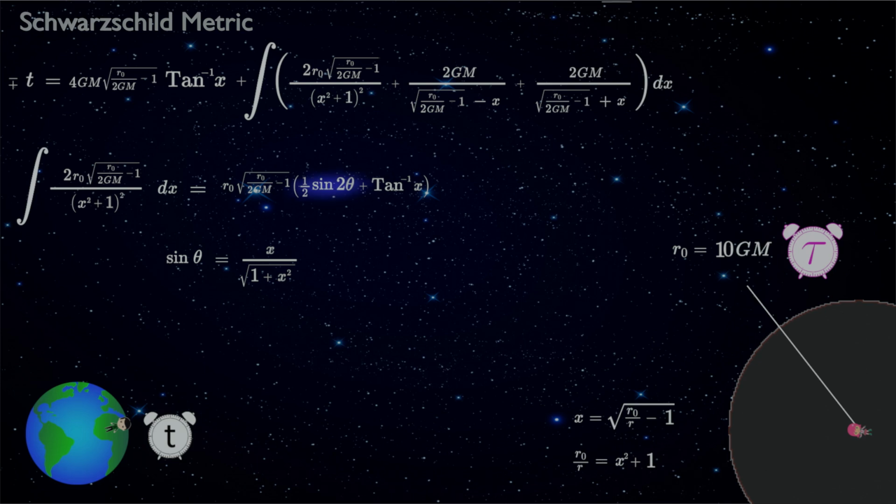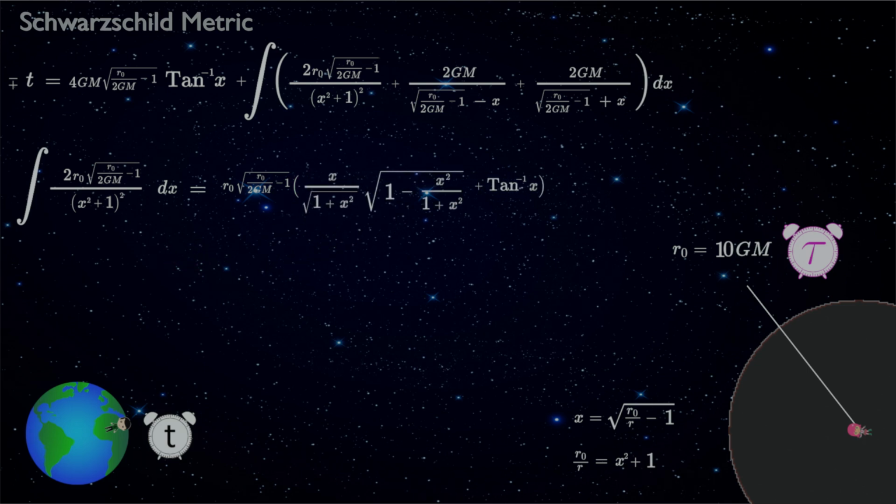Now let's write sine 2 theta as 2 sine theta cos theta. The 2's cancel, and now let's write cos theta as the square root of 1 minus sine squared theta. Now we're ready to replace the sine thetas in the equation with x.